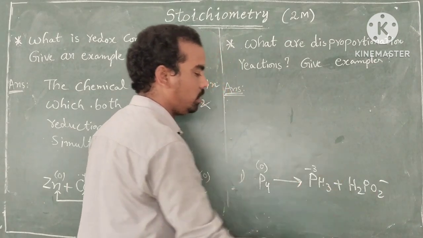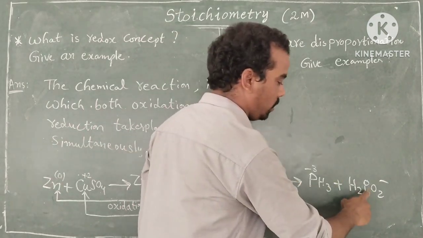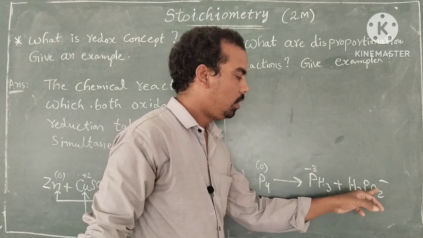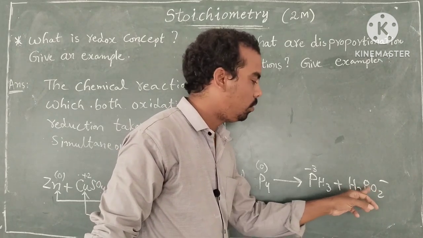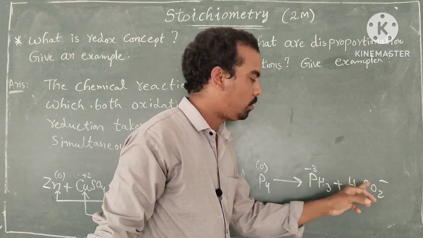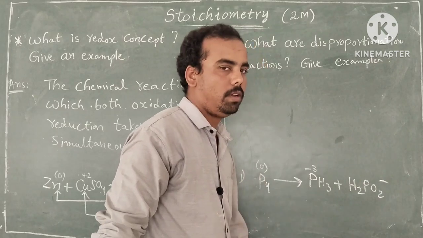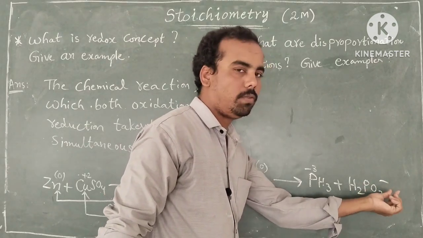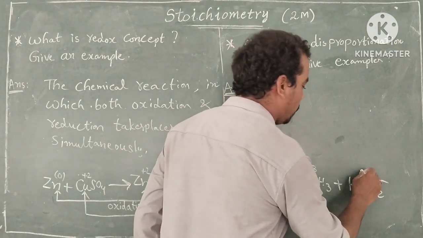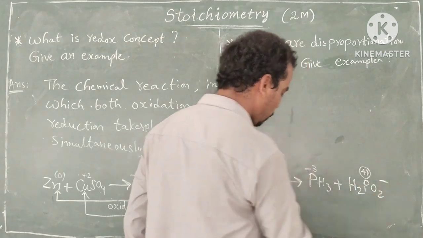In H2PO2 minus, X plus 2, each oxygen minus 2, so X plus 2 minus 4 equals minus 1, X minus 2 equals minus 1, X equals plus 1. So phosphorus oxidation state is plus 1.